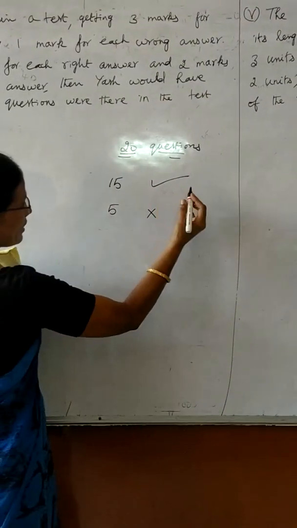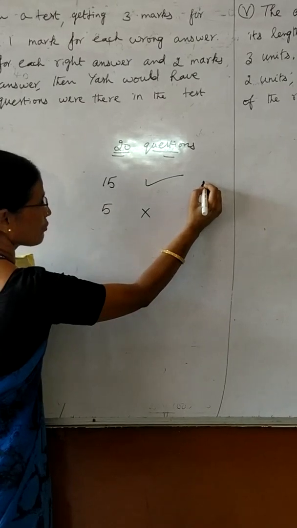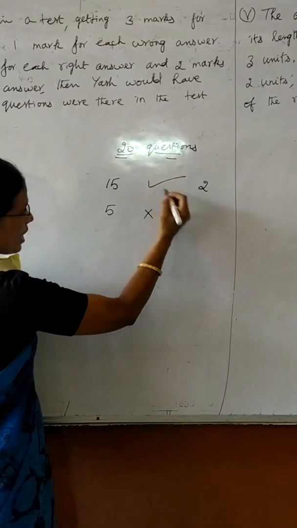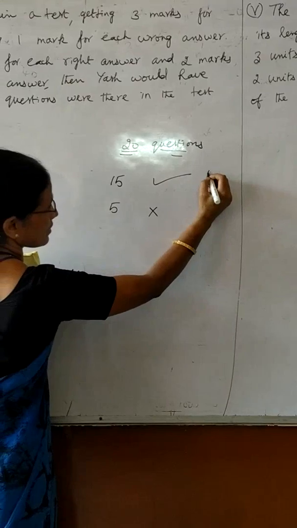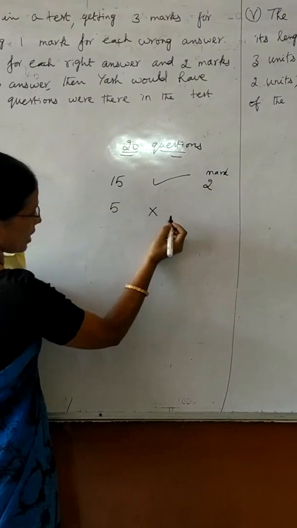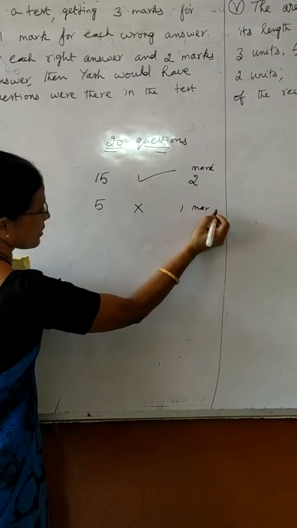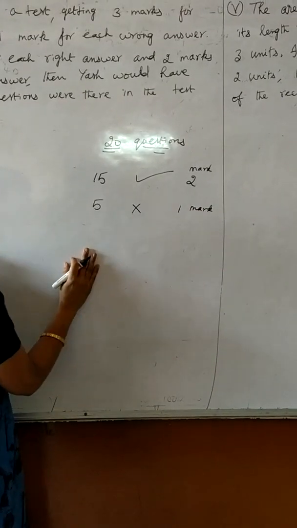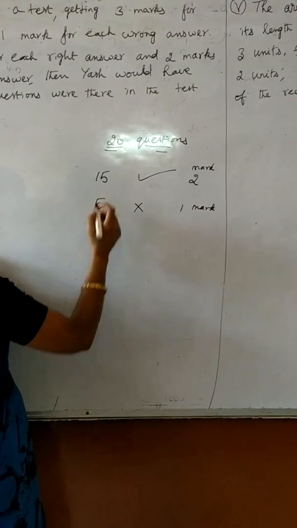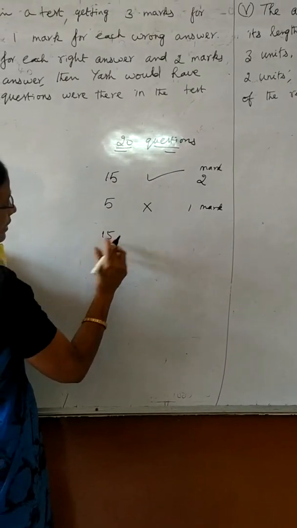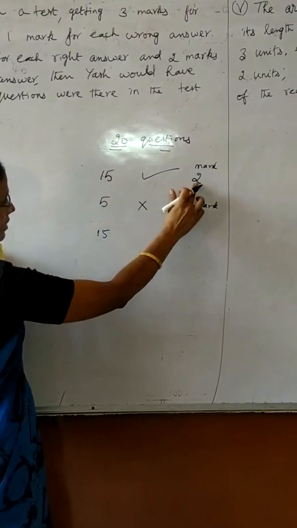Suppose for each right answer 2 marks is allotted, you are getting 2 marks. Whereas for the wrong answer, say 1 mark is subtracted, deducted. What will be your score? 15 answers are right. Each right answer carries 2 marks.